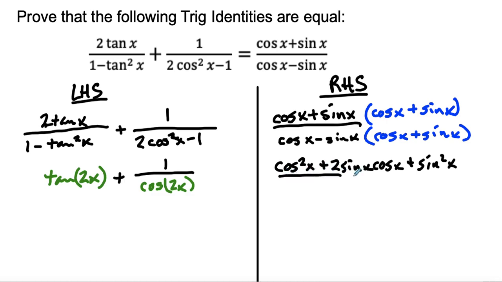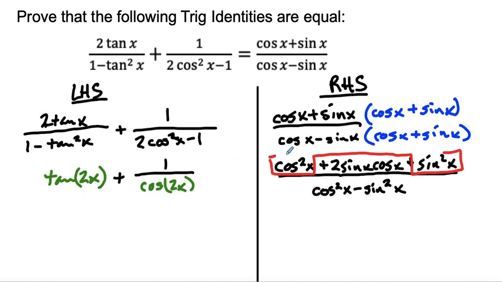Okay, and then on the bottom, now I have a difference of squares that I can rewrite as a double angle. Okay, so here, down here, this is going to be cosine of 2x. And then on the top, you kind of got to think about the beginning and the end of this here, right? But this, cosine squared x plus sine squared x, is just going to turn into 1.